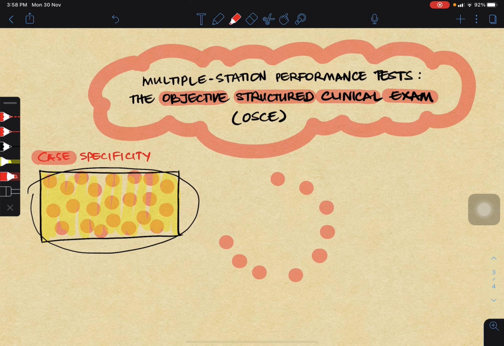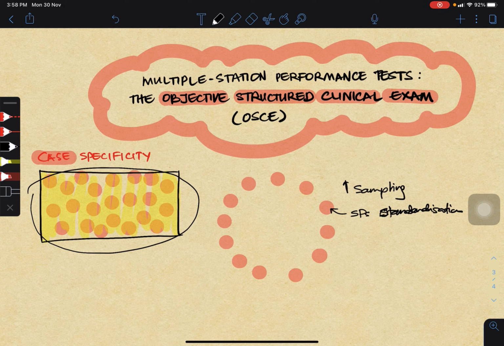So you have multiple sampling right there, so you have increased the sampling, and in each station, all the patients in there are trained to respond in a standard way. So you have SPs inside, so you have standardization.